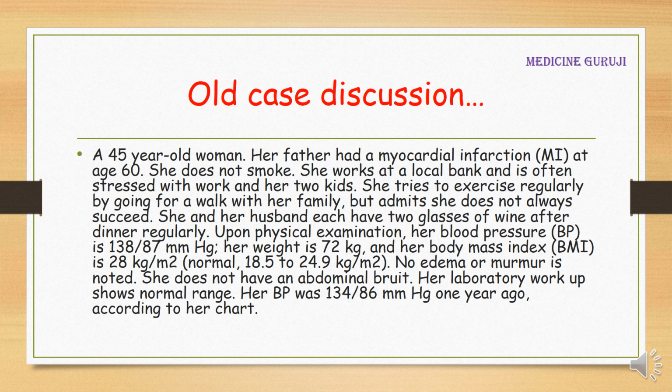Her blood pressure is not normal, in prehypertensive range. BMI is 28. She is overweight. So, what was the ideal management she needs? First important thing is we should keep her on lifestyle modification. She should reduce her alcohol intake, try to reduce her weight. She should be put on DASH diet and then re-evaluated.